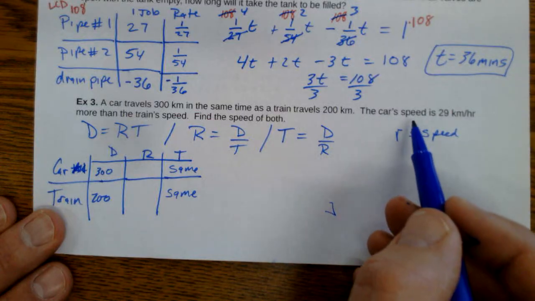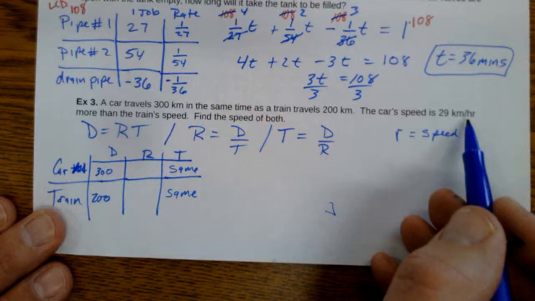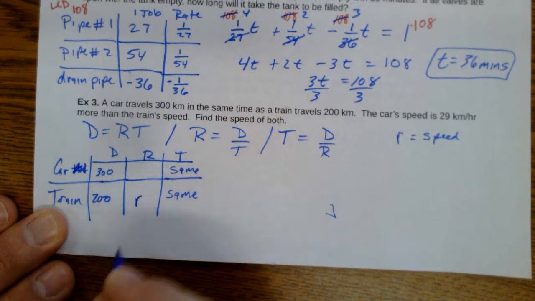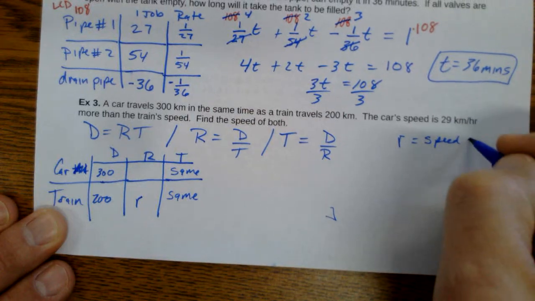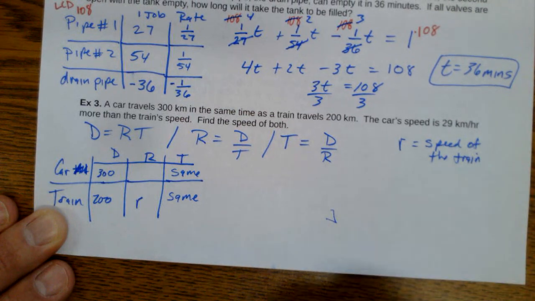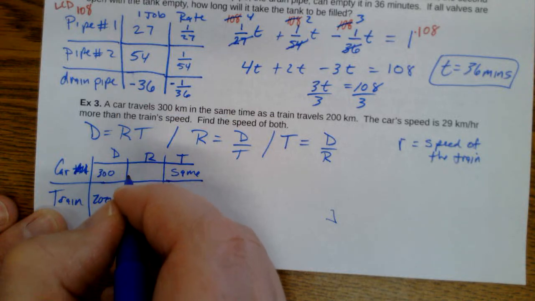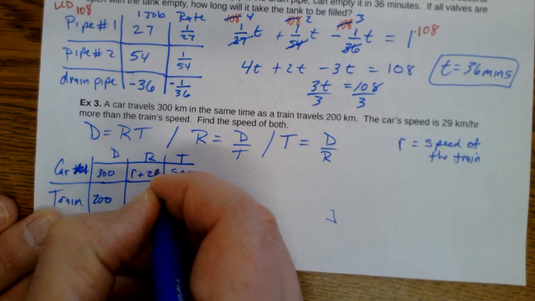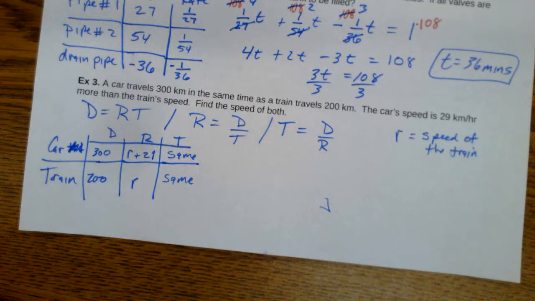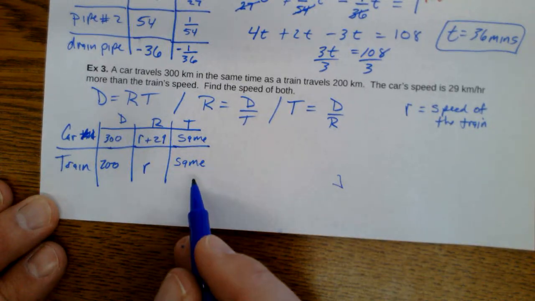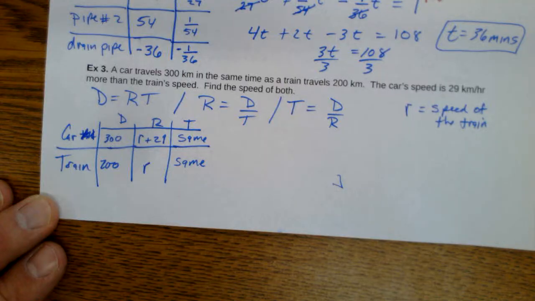Rates, this says the car speed is 29 kilometers an hour more than the train speed. Well, I don't know what the train speed is, so I'm going to make that R. And now R is the speed of the train. Well, this one is 29 kilometers more, so I'm going to take the train speed and add 29 to it. Last but not least, again, the time, only thing we know is that they're the same.